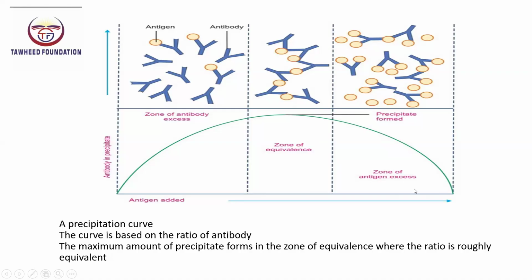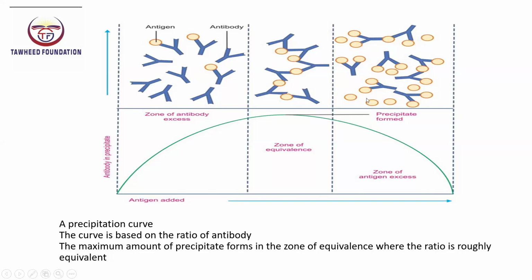Next is zone of antigen excess, that is right side of the curve. Now as we move further to the right, antigen concentration becomes much higher than the antibody concentration. This is the zone of antigen excess. Here each antibody molecule becomes saturated with antigen and there aren't enough antibody molecules to link the antigen particles together.